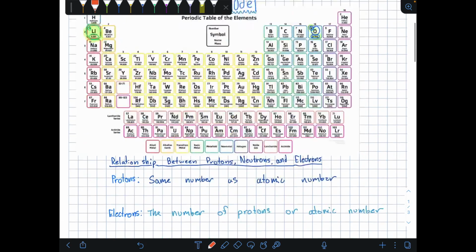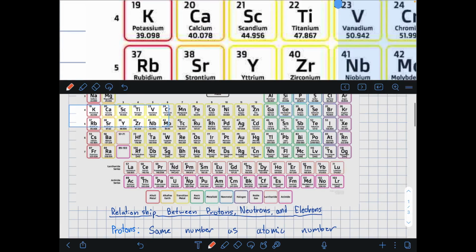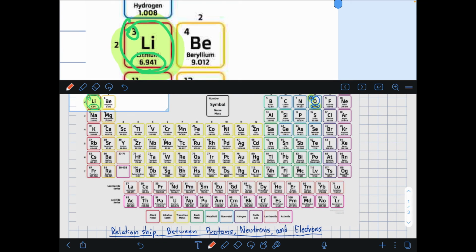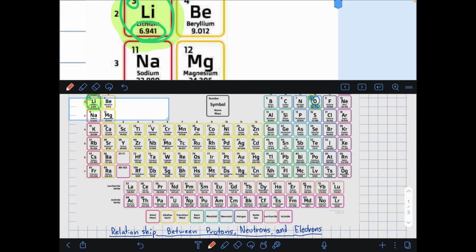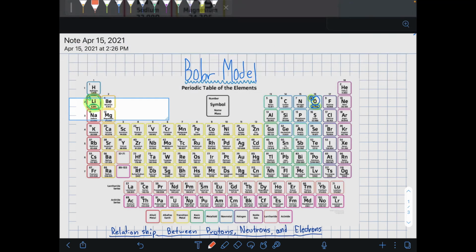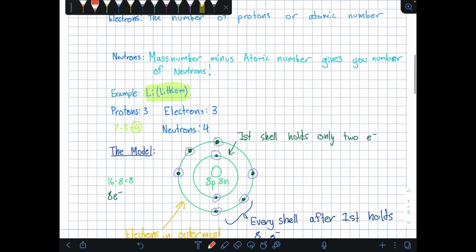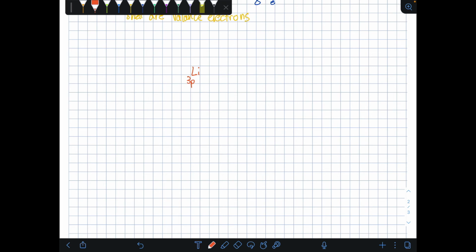For this, we need our mass number, which is 6.941, and we can just round up to 7. So that's 7 minus 3, which is obviously 4. So 4 neutrons. Now, what about electrons?